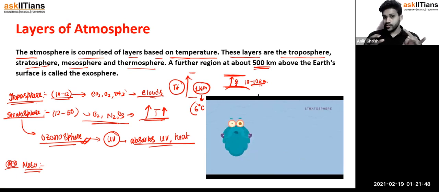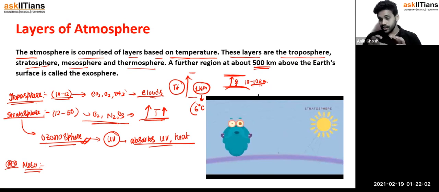Then we are trying to discuss the stratosphere now. Again, you can see the temperature is rising as you move up. Here is the ozone, as you can see, it is reflecting harmful UV rays and absorbing most of the heat.